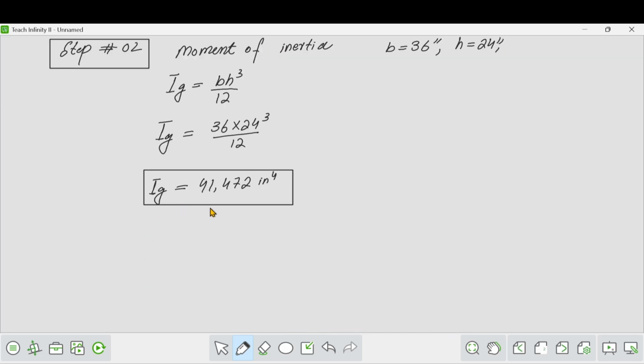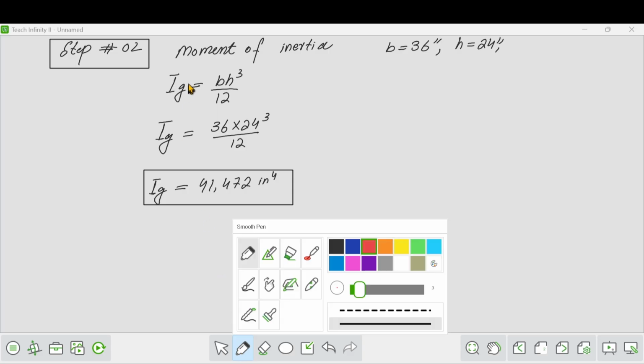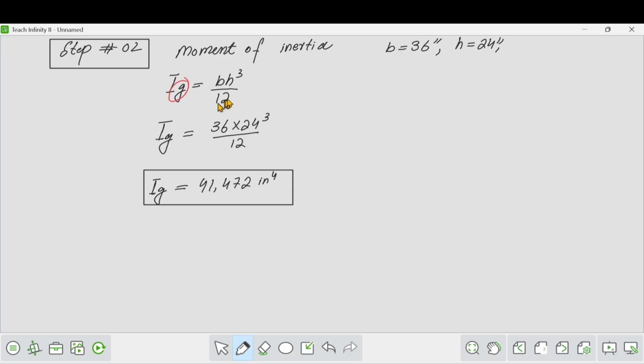After that, we will calculate the moment of inertia of the gross cross section. This is the moment of inertia of the gross cross section, which is equal to bh³/12. We have the value of b, which is 36 inches, and the value of h, which is 24 inches.